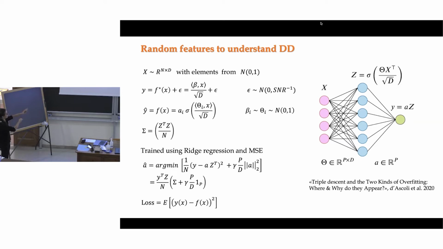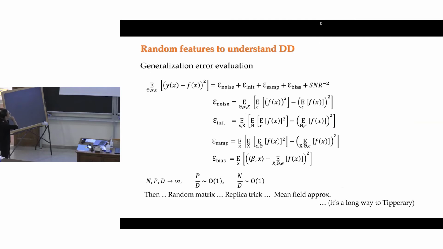And you start looking at the generalization error. And what Dascoli and people in Paris did was to split the different contributions that make up the generalization error.